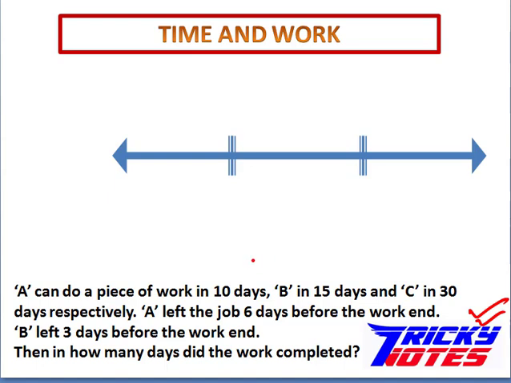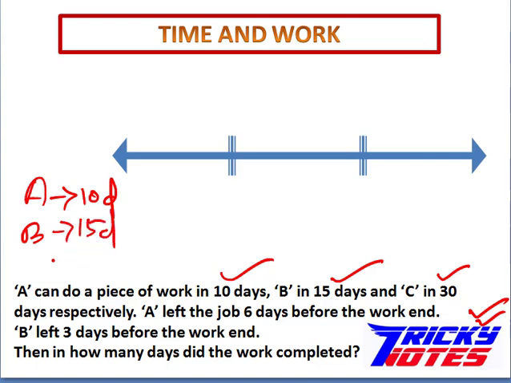So let's start with a small example. I have put the example here. A can do a piece of work in 10 days, B can do it in 15 days, C in 30 days respectively. So here I'll write A can do it in 10 days, B in 15 days, and C can do it in 30 days.